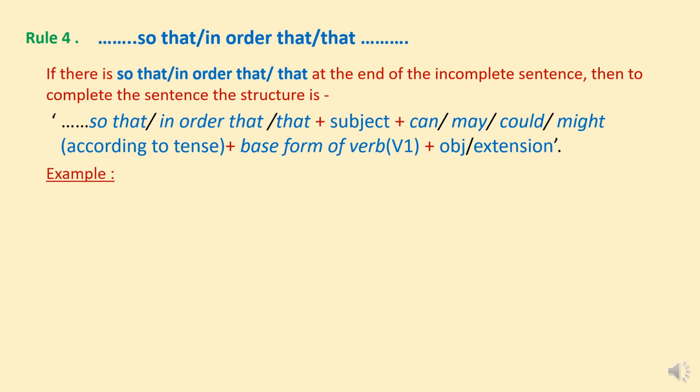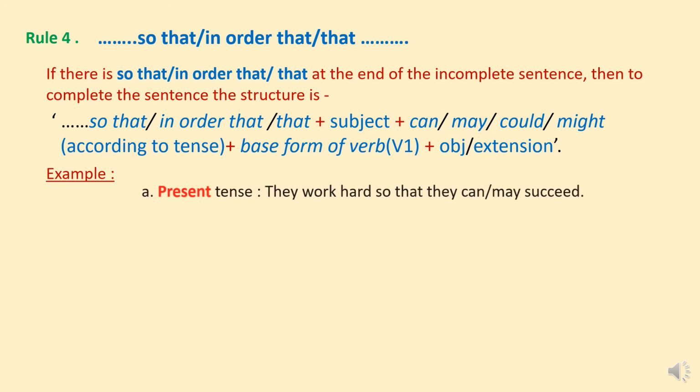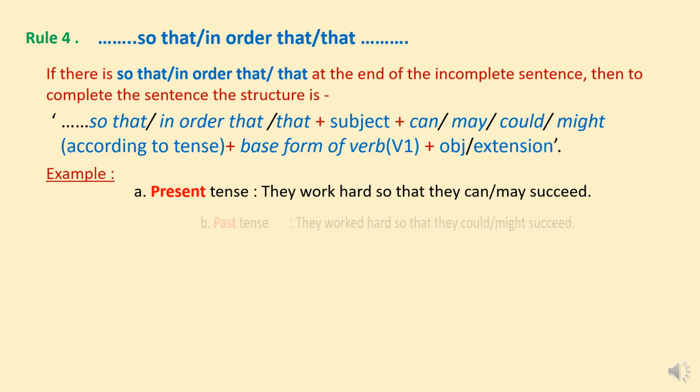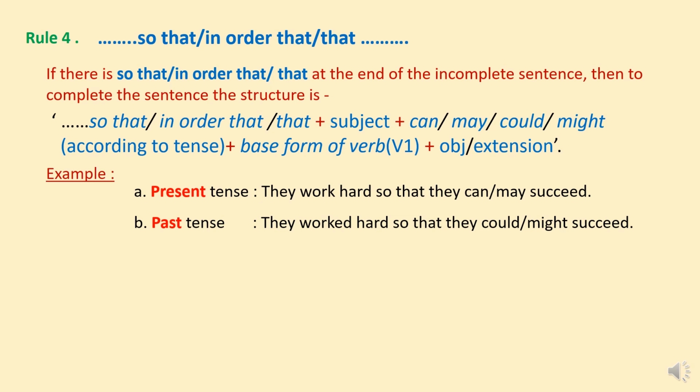Example. If it is in present tense: they work hard so that they can or may succeed. Again, if it is in past tense, then it will be: they worked hard so that they could or might succeed. Students, here we can see in the first clause there is work.